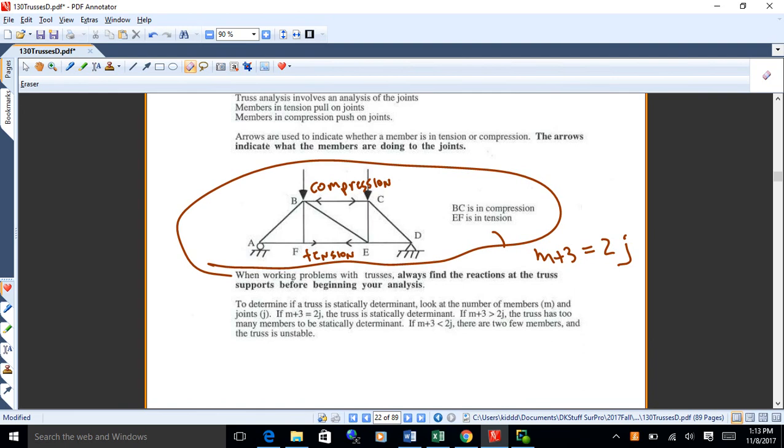If m plus 3 is less than 2 times the number of joints, there's too few members and the truss is unstable. If it's greater than 2j, there's too many members and you can't work it out with just statics. It'll be statically indeterminate then.